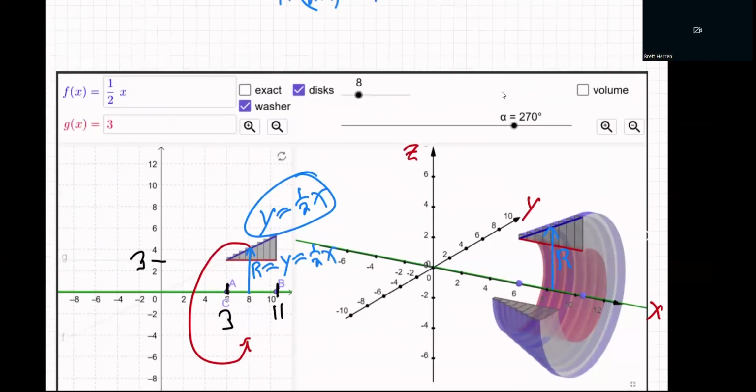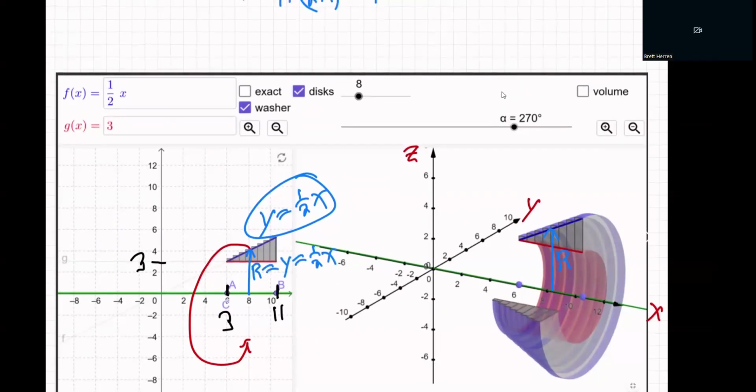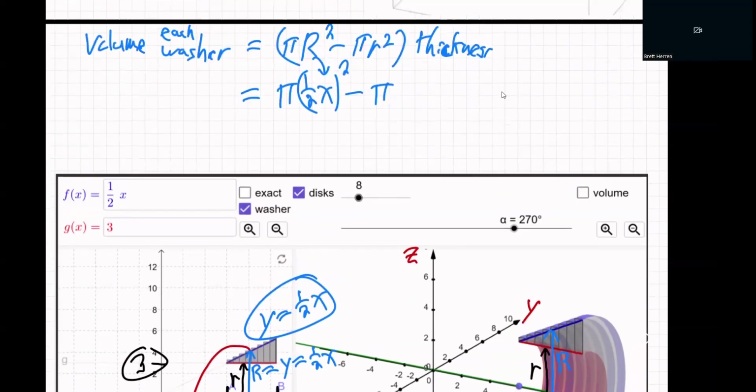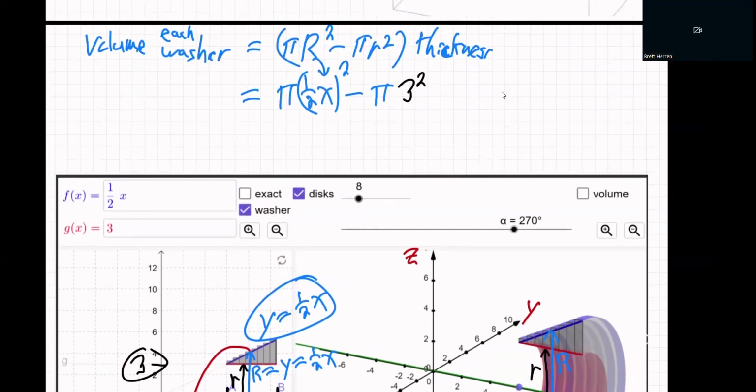So what's the little radius? The inner radius would be from here to there. That's just up to 3. All the little radii are the same. They're 3, just coming up to 3. So we say, okay, 3 squared.